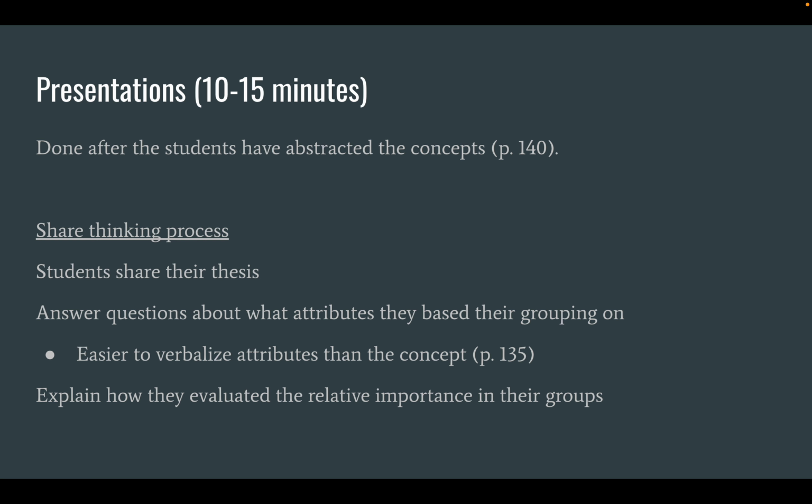This will help them on their summative assessment when they'll need to paraphrase the content of the document and also analyze it or explain how that document shows that the argument is correct. So as they're sharing with the class, they would also be answering my questions about the attributes, keeping in mind that it might be easier for them to talk about what the attributes are more so than what the concept is.